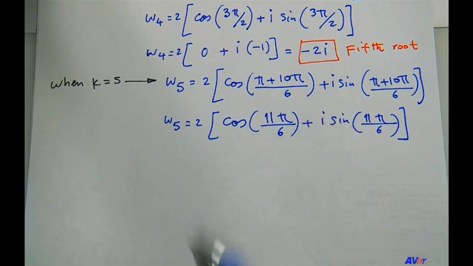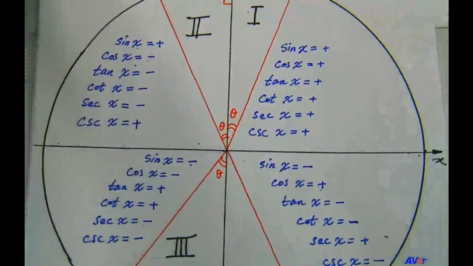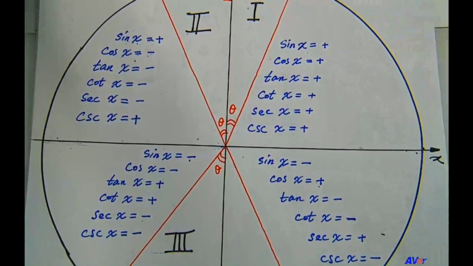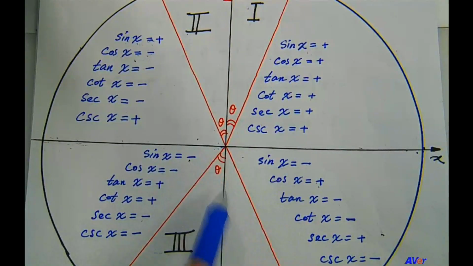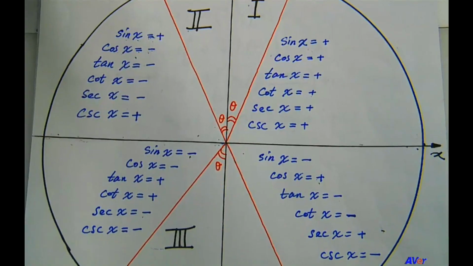In the fourth quadrant, the cosine value, which takes the sign of the horizontal axis in that quadrant, would have to be positive, right? And the sine, which takes the sign of the y-axis in that quadrant, has to be negative. So sine is negative in the fourth quadrant.